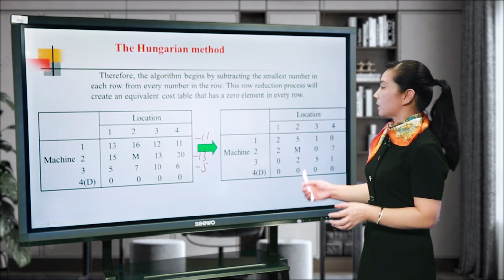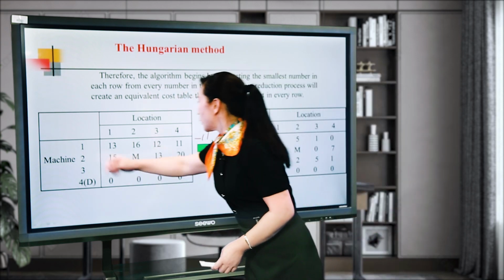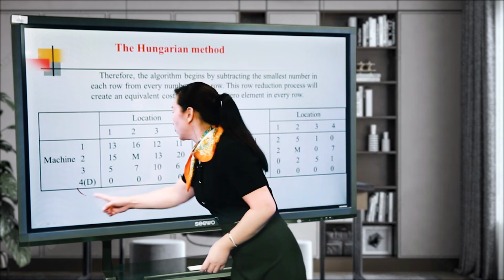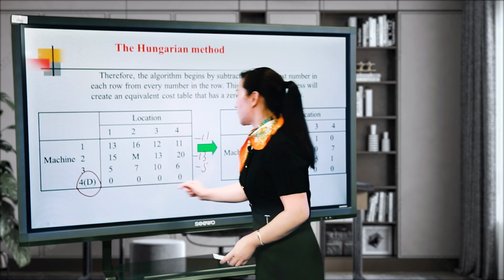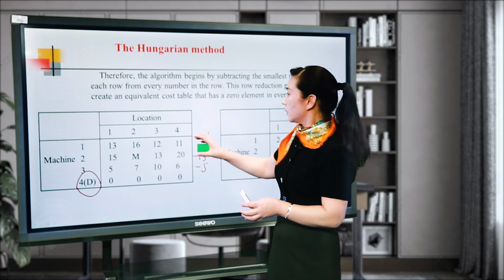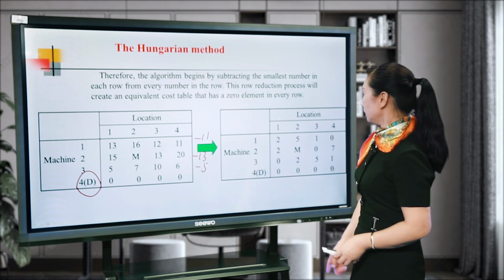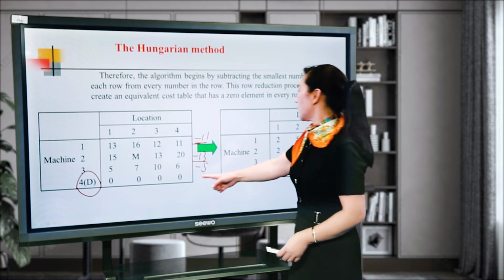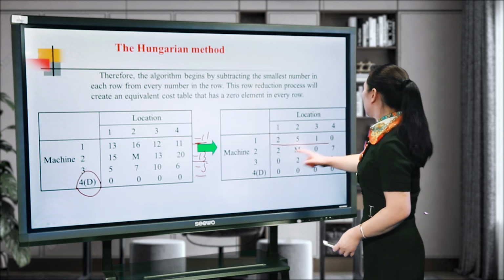And we remember this example is the job shop example, and the number of machines is 3 and locations is 4. So the machines are fewer than locations, so we add a dummy machine, that is a fourth machine, and the cost is 0. So the number of machines and the number of locations are equal. So we subtract 11, 13, and 5, and we get this row, this row, this row.